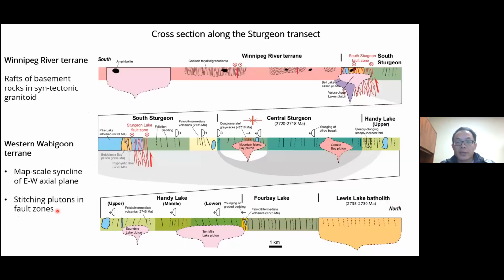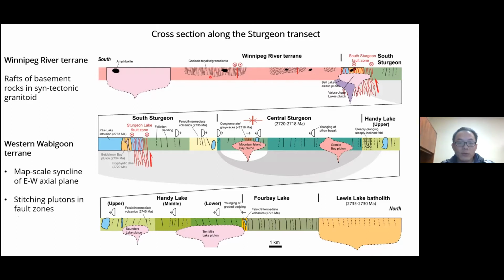So on the cross section along the Sturgeon transect, it is clear to see the biotite quartz feldspathic gneiss as rafts in thin tectonic granitoid. They are about 1 to 5 kilometers long and have different strikes and dips. So the attitude of the fabrics right now doesn't represent their initial attitude of the fabrics.